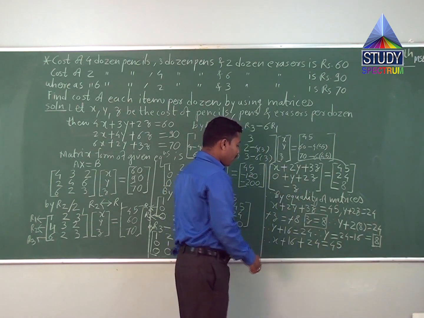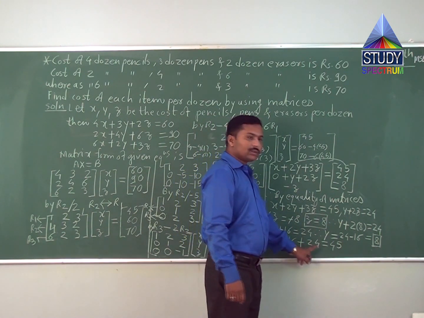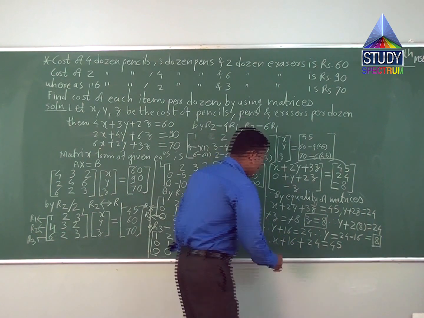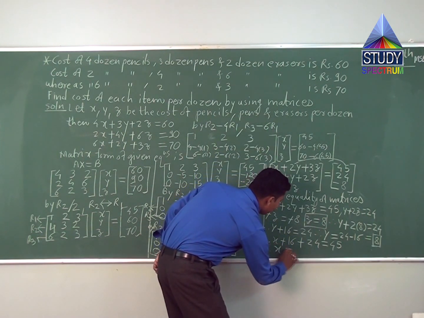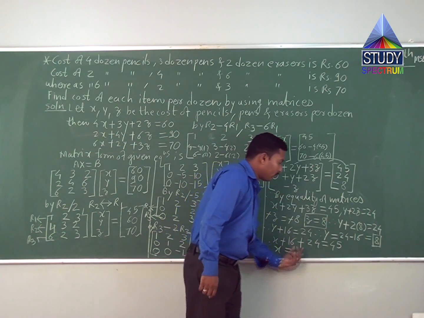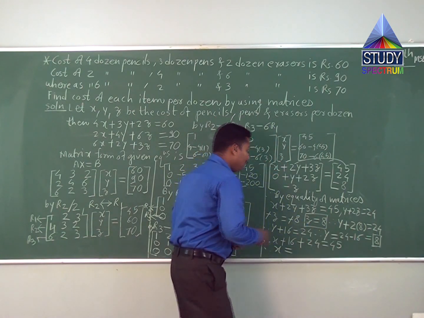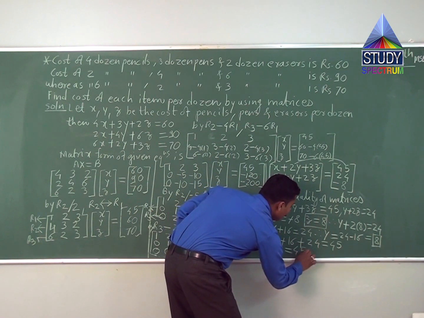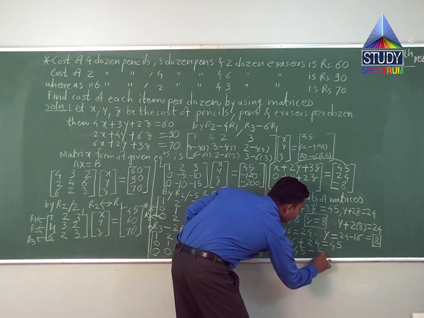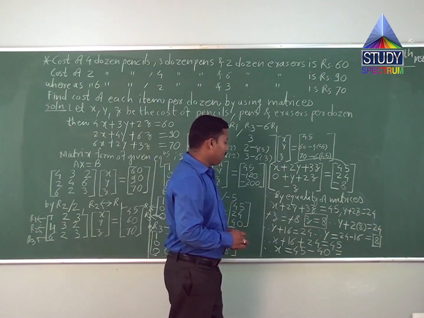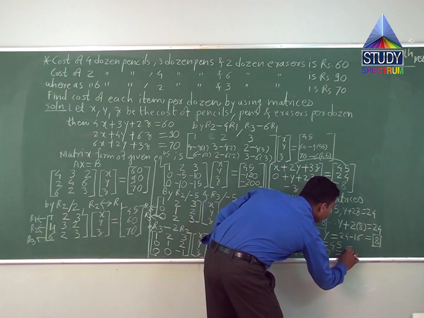So what do we get? 16 plus 24 means 40. So x equals, this 40 goes on the right hand side and becomes minus 40, so 45 minus 40 equals 5.